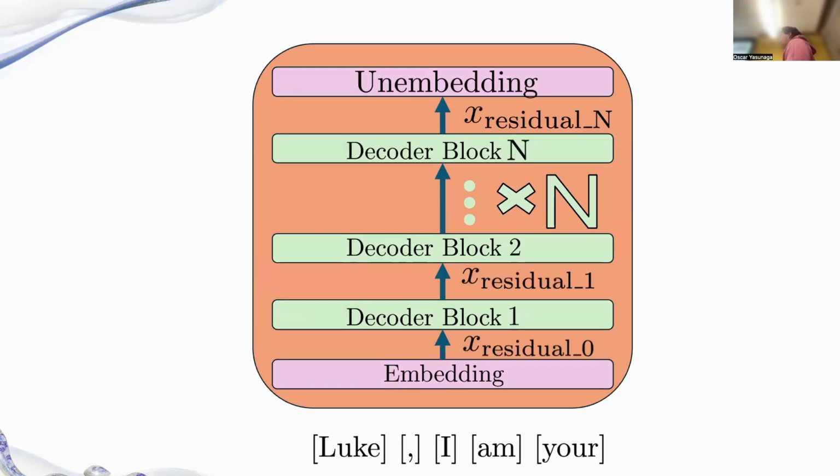Another thing is that in terms of code, people often tag the associated residual. Right after the embedding, it'd be residual x, residual 0. And after each decoder block, it's just the associated residual after.